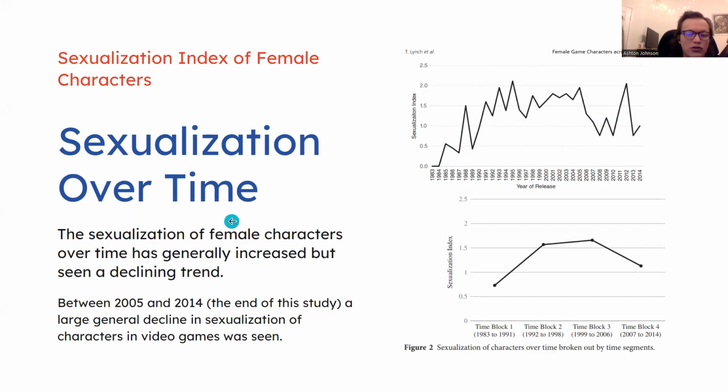So the sexualization of female characters over time has generally increased, but seen a declining trend in the past decade from when this was performed. So between 2005 and 2014, at the end of the study, a large general decline in sexualization of characters in video games was seen.